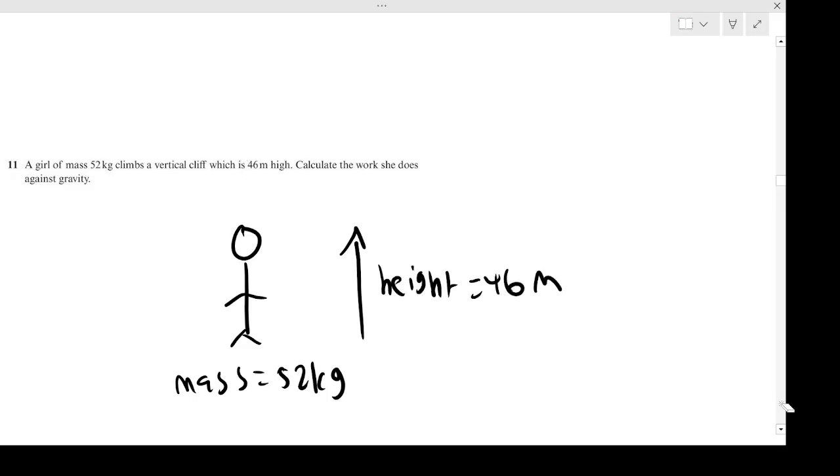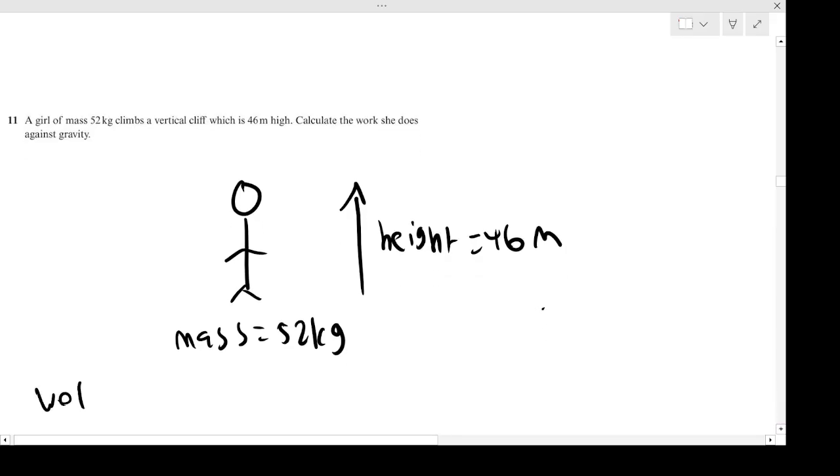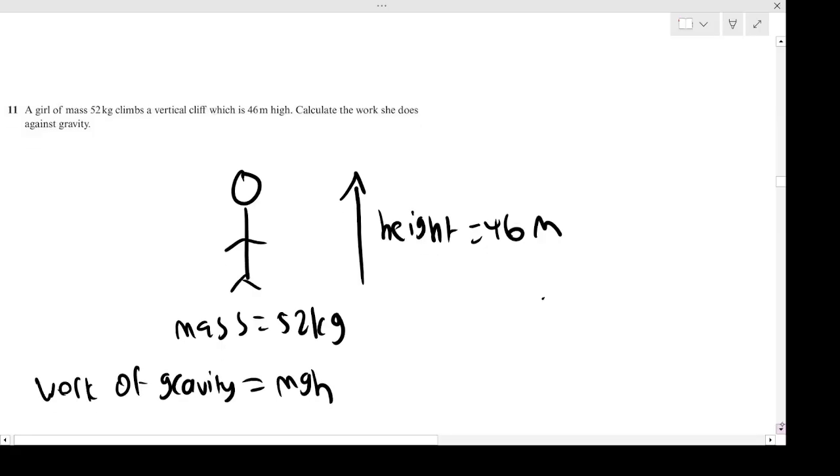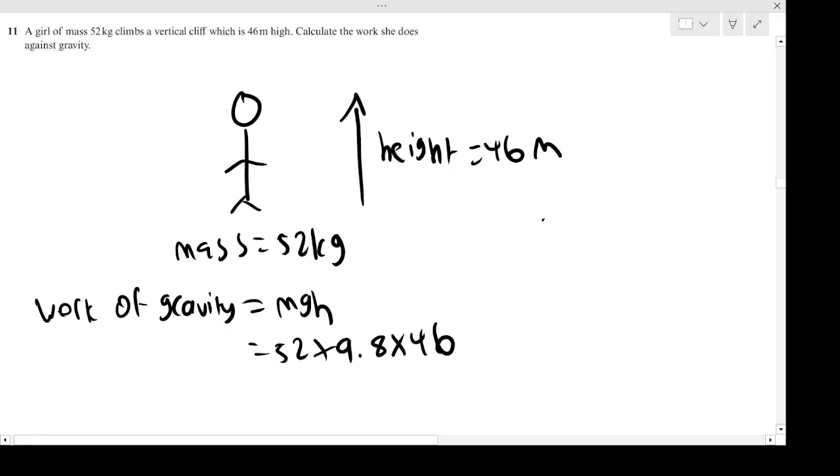So the work against gravity, in other words the work done by gravity specifically, again is mgh. We know that the mass is 52, G is 9.8, and the height is 46. So work that out. We get 2344.16 joules. And there we are.